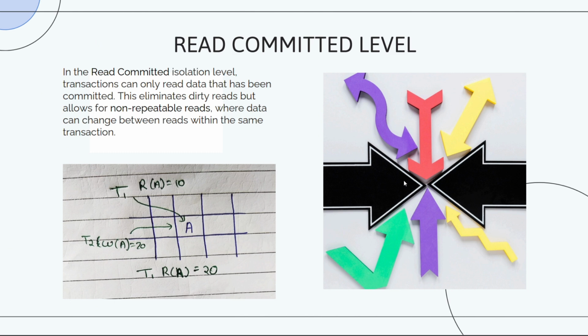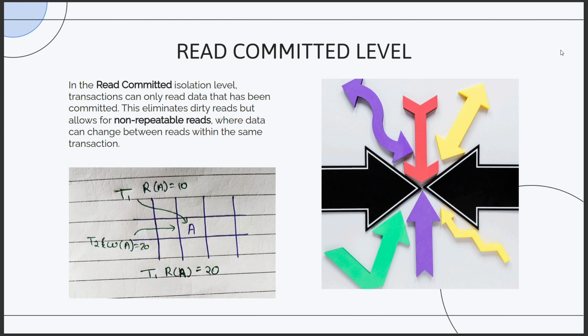Next we'll switch to the read committed level. In read committed isolation level, a transaction can only read data that has been committed. This eliminates dirty read but allows for non-repeatable read, where data can change between reads within the same transaction.